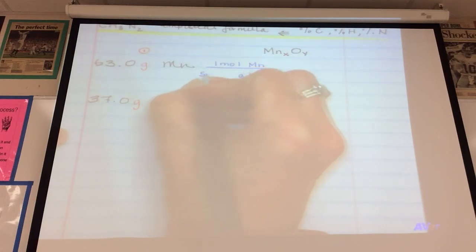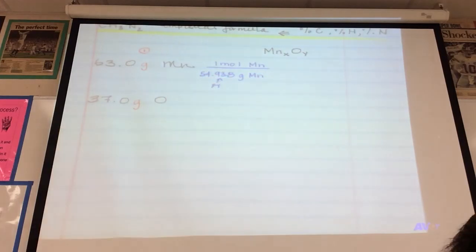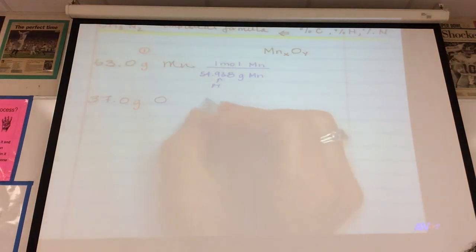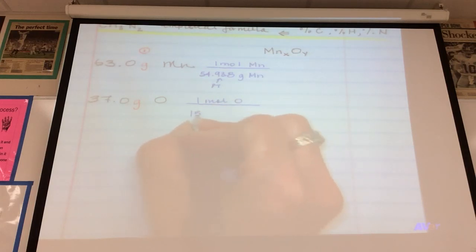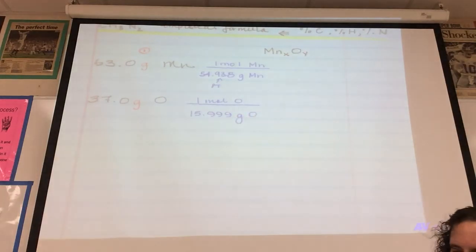And you have 54.938 grams of manganese per mole, molar mass. You're going to do the same thing for oxygen. 1 mole of oxygen, 15.999 grams of oxygen.